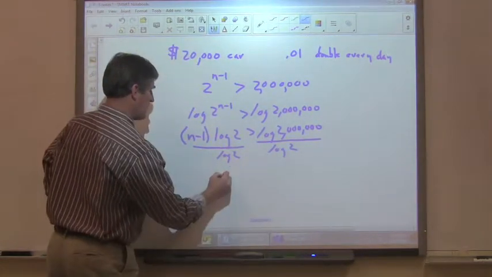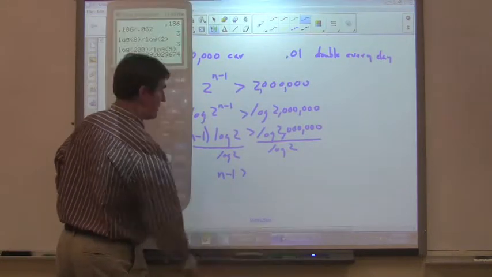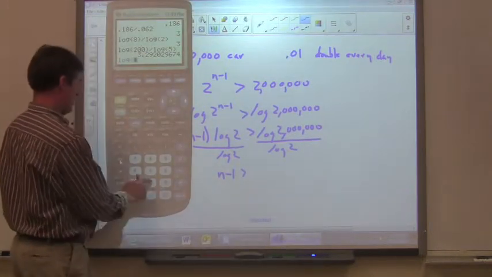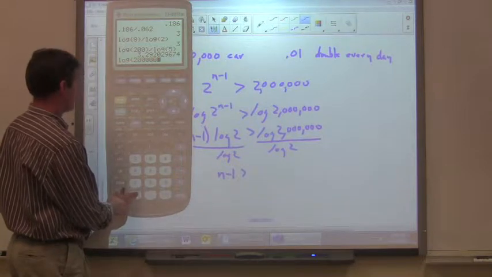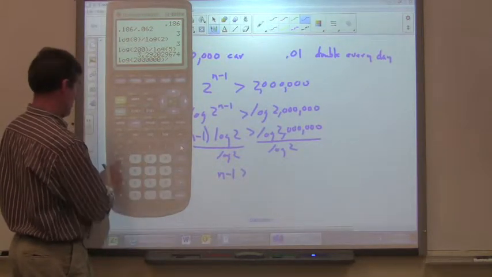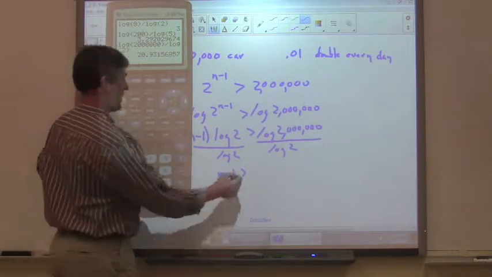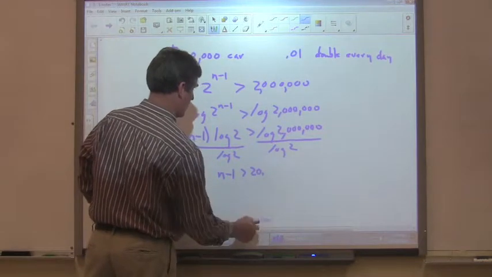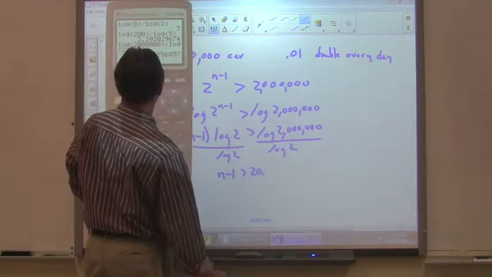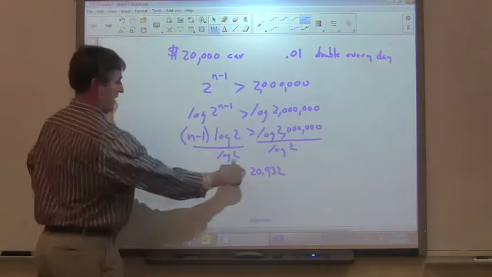And so we get n minus 1 is greater than, and now we bring out the calculator, and we go log 2 million divided by log 2, and we get 20.932. Add 1.